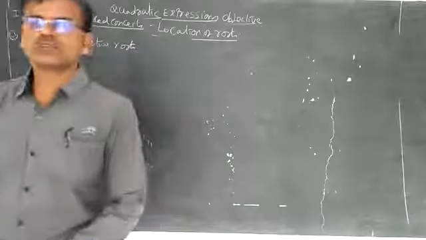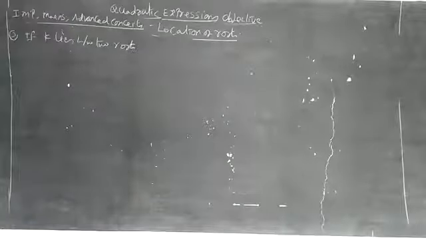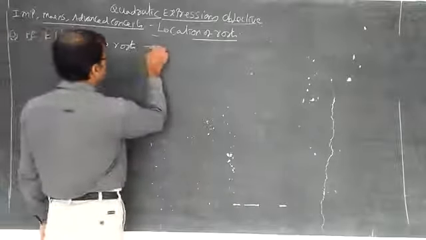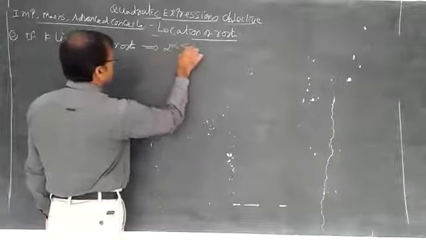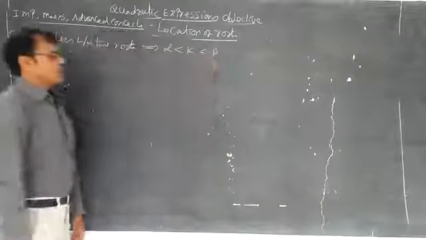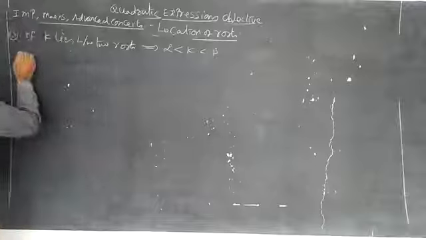We have discussed two models: first, k greater than both roots, and next, k less than both roots. Now k lies between two roots. That implies the concept is alpha less than k less than beta.